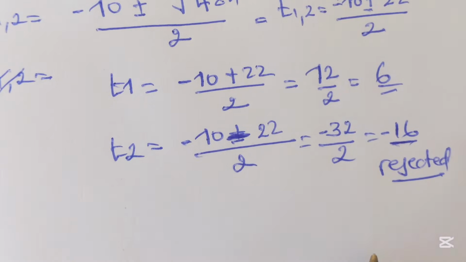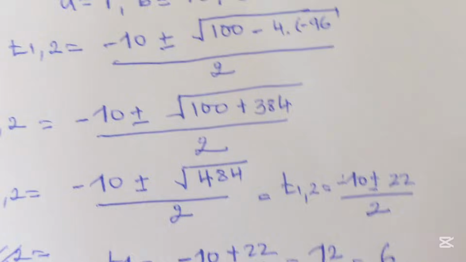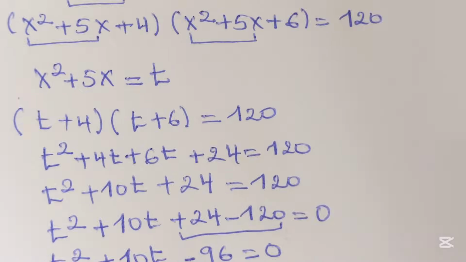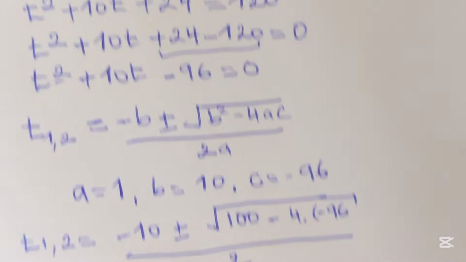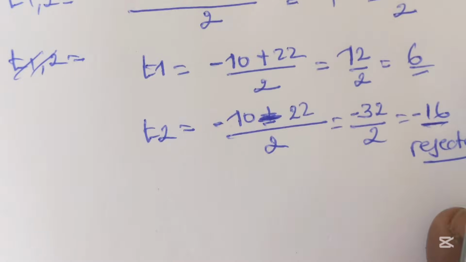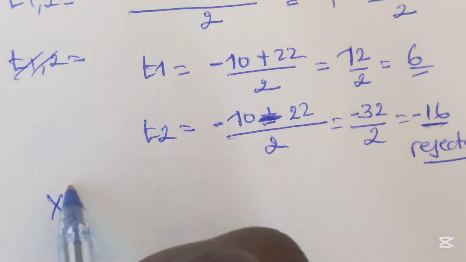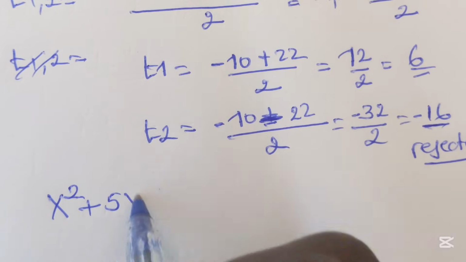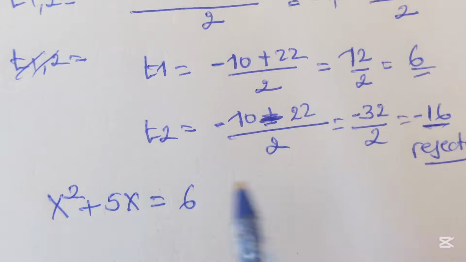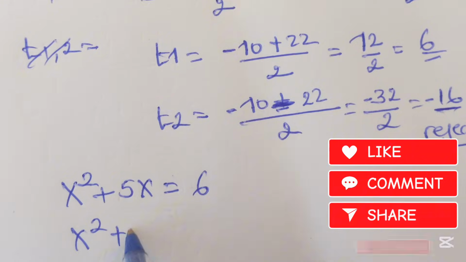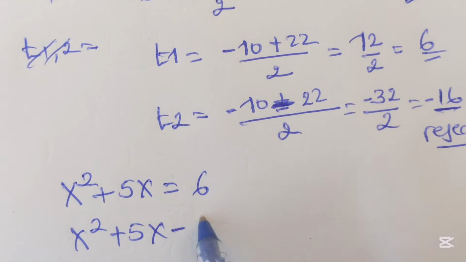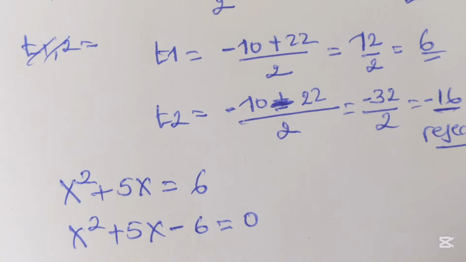Here we have said above that x squared plus 5x equals t, and we have the value of t, so x squared plus 5x will be equal to 6. Okay, now we have x squared plus 5x minus 6 equals 0.